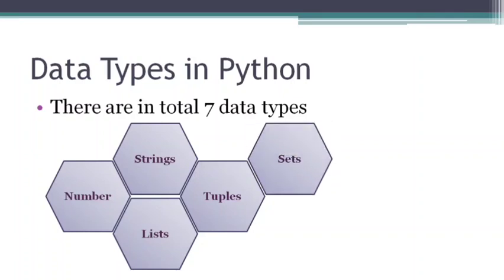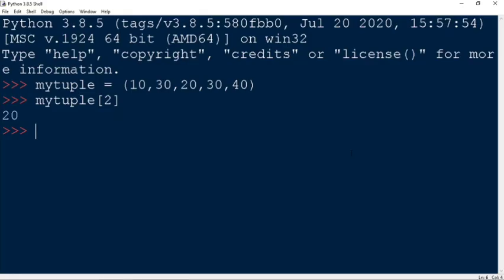The next data type is sets. A set is a collection that is unordered. It does not have any indexes as well. To declare a set in Python, we use curly brackets. So we write my set is equal to 14, 6, 7, 9, 8, 6 and 9.